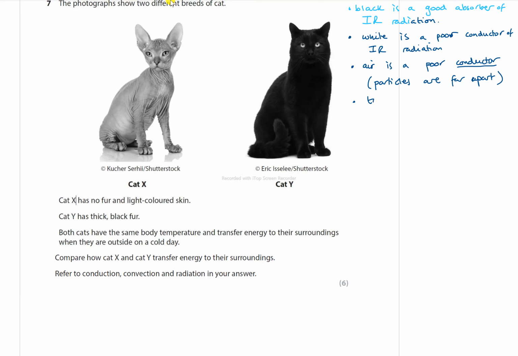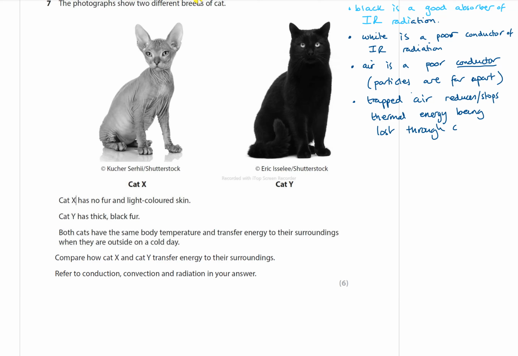so they can't vibrate and pass on their energy to the next particle. And trapped air reduces or stops thermal energy loss. I just want to put these words in: thermal energy being lost through what?